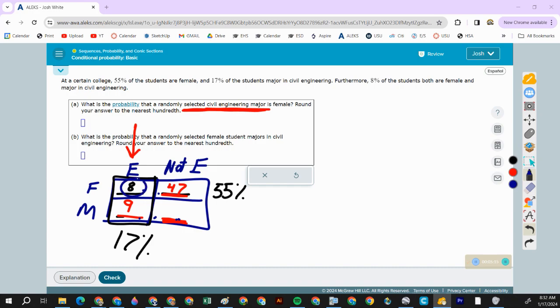So that would be 8 out of 17, and it wants the decimal. What is the probability that a randomly selected student majors in civil engineering? Well, that would be all of the civil engineers, which is 17%. Okay, these are a little bit tricky, so we'll do several.